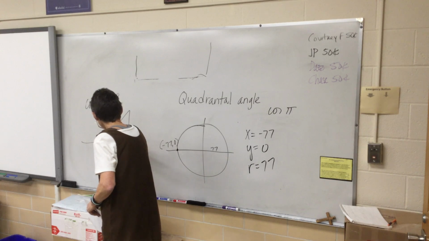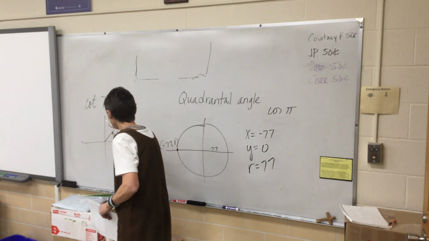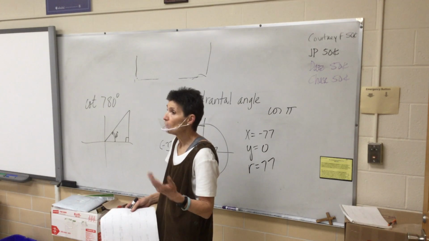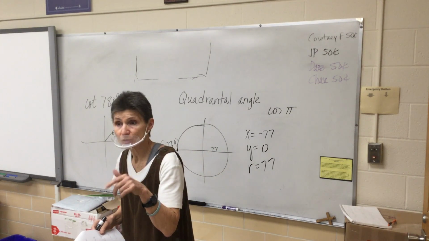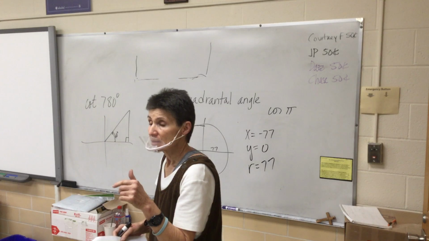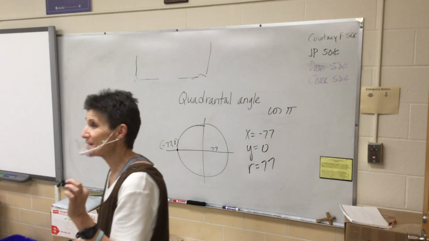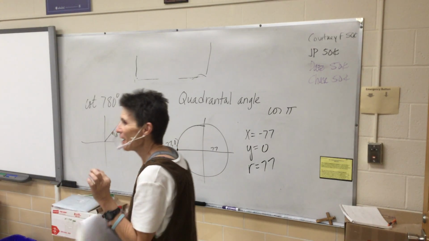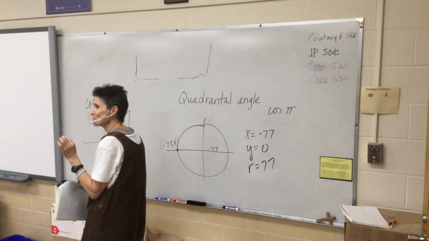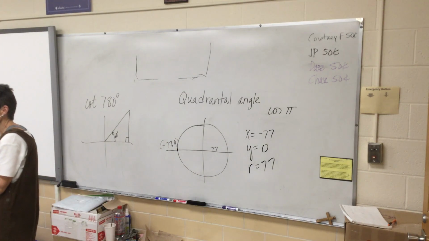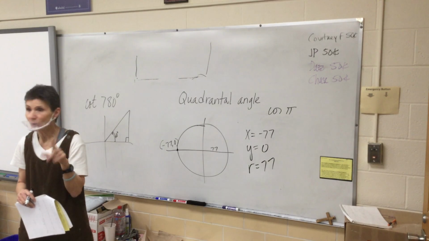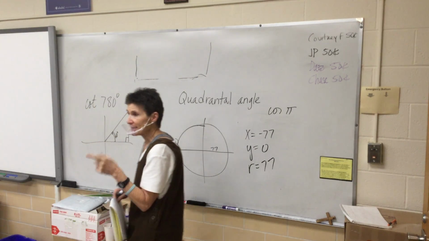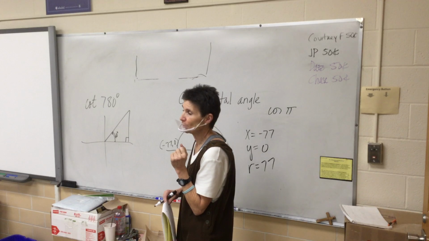My angle is 60 degrees. There is no point in drawing the extra revolutions. So I'll just find the smallest positive coterminal angle. And how do I find coterminal angles? I subtract 360. So I just subtracted 360 twice. And that gave me my smallest positive coterminal angle.